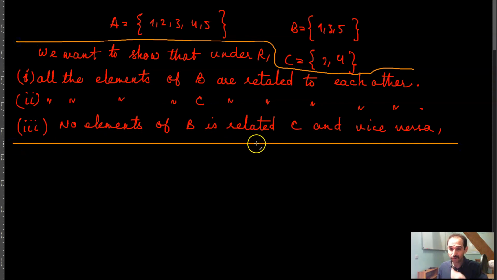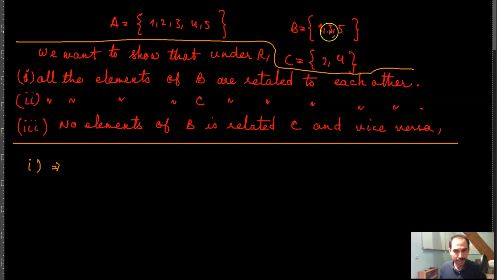Now, in order to do that, about part 1, all the elements of B are related to each other, right?